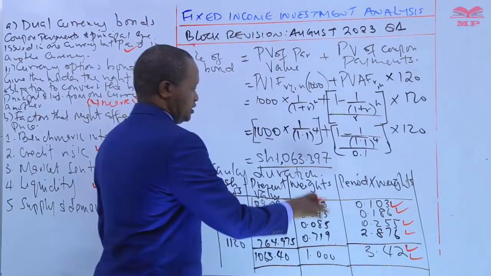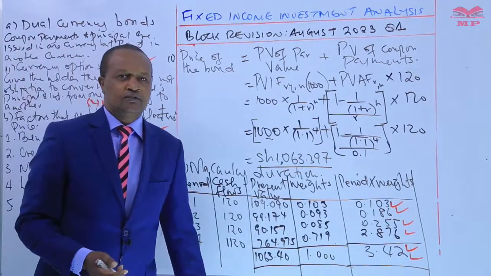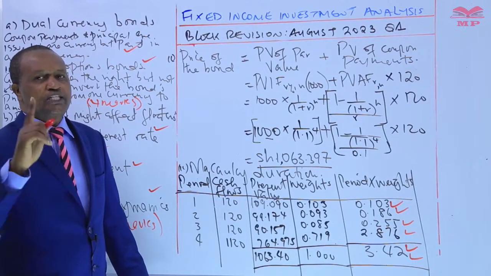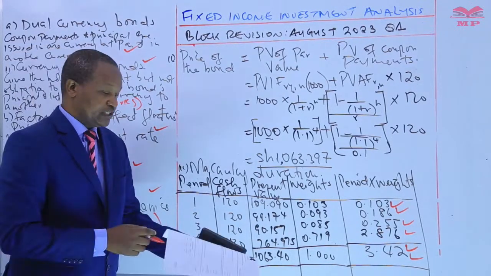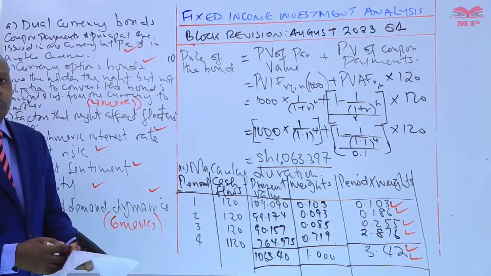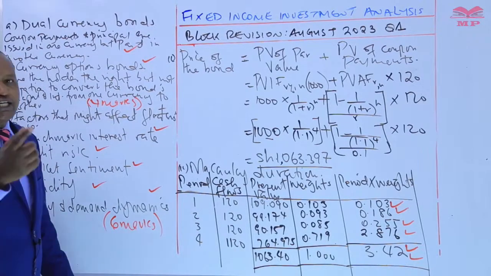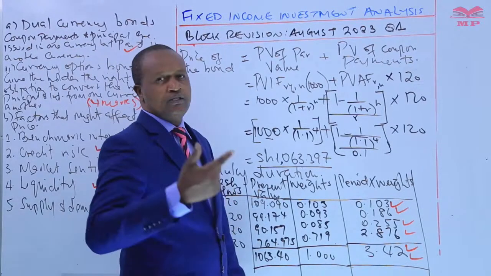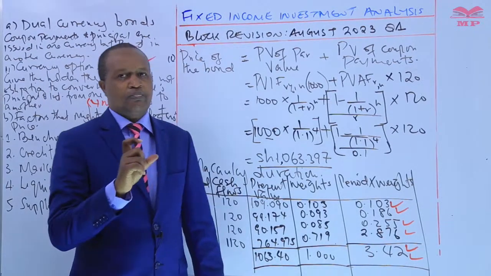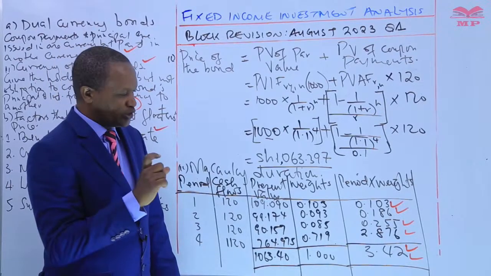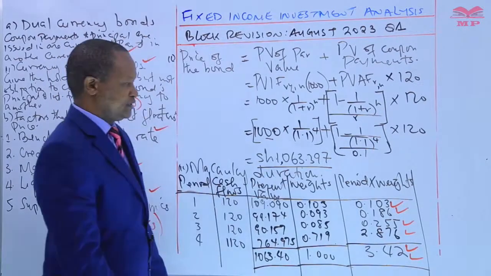Remember I said Macaulay duration is a concept used in fixed income investing to measure the average time it takes to receive all the cash flows, both the principal and the coupon payments from a bond. So it is going to take 3.42 years.